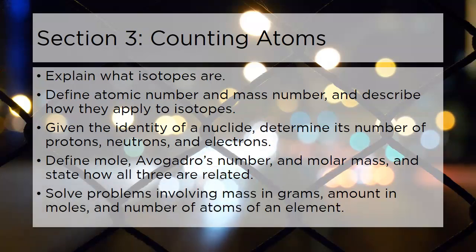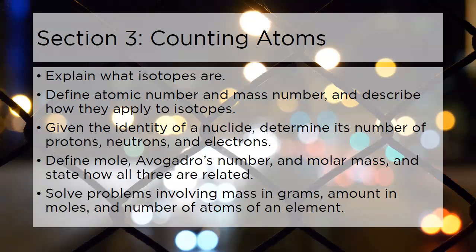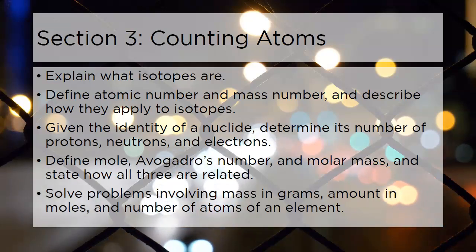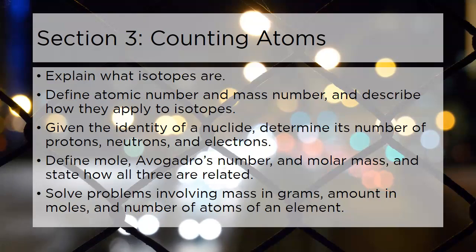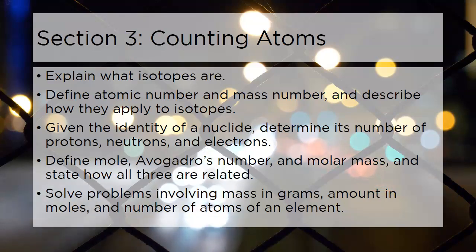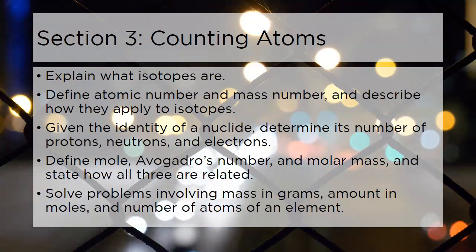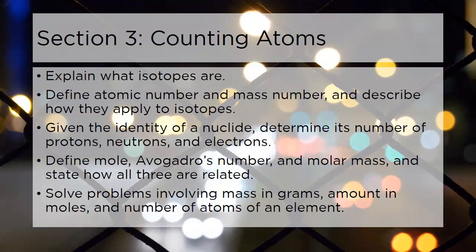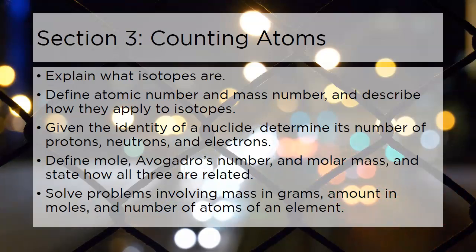This is really going to be a bulk of the test, knowing how many protons, neutrons, and electrons different isotopes have. And then eventually, probably tomorrow, we'll get to the mole, talk about Avogadro, and solving problems of that nature.